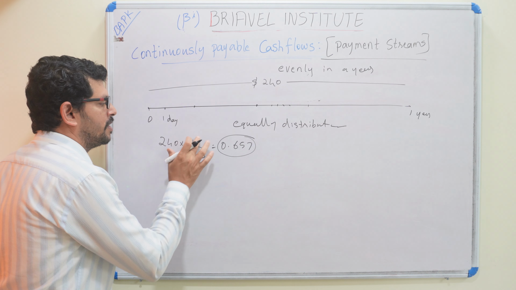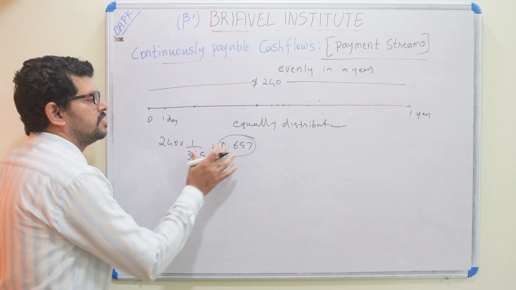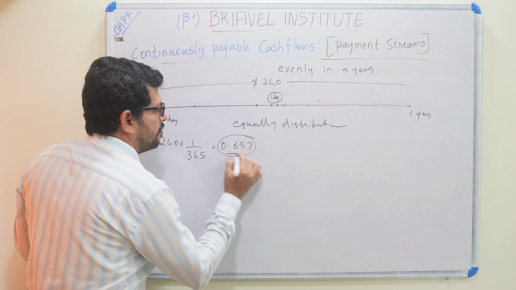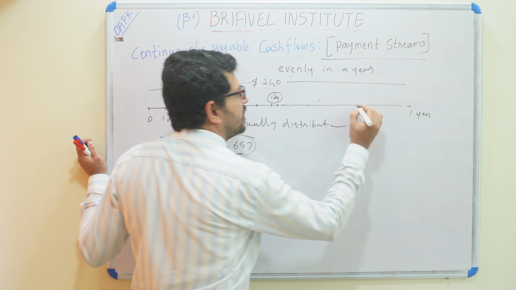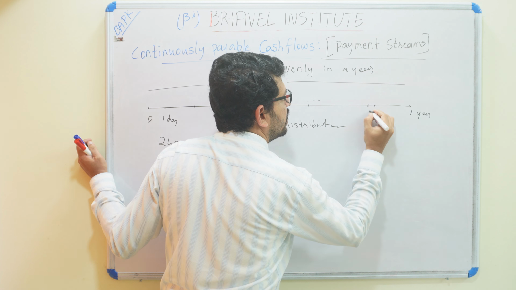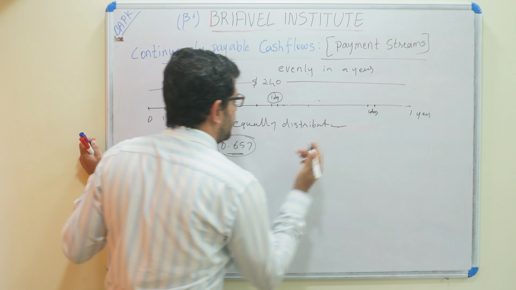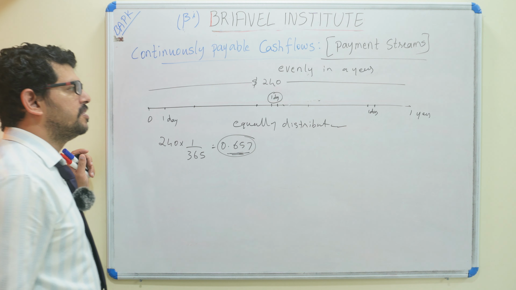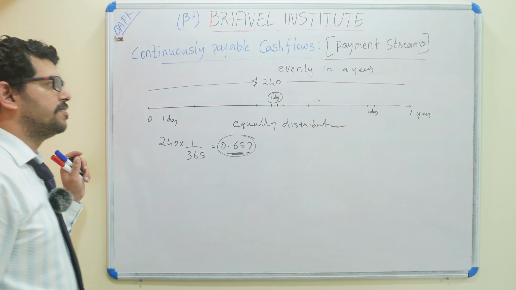Any day, whether 6 months after the start or at the end of the year, the payment will be 0.657, because it is equally distributed in a year.